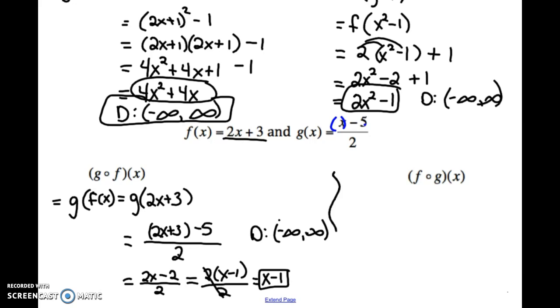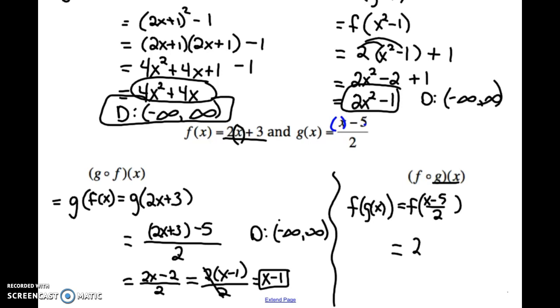For the last problem on this page, we have f of g of x, which is f of x minus 5 over 2. And f says 2 times your variable plus 3. So 2 times our variable plus 3.